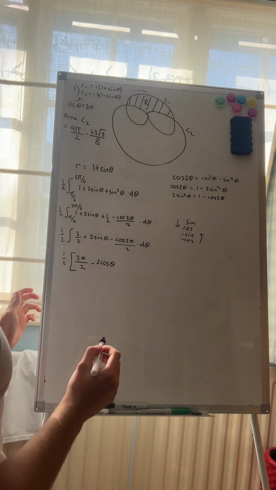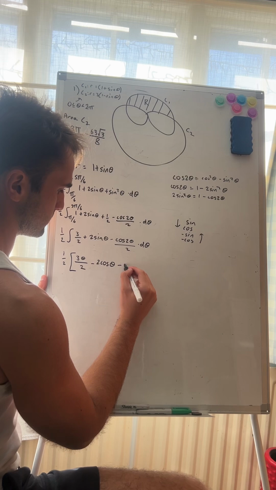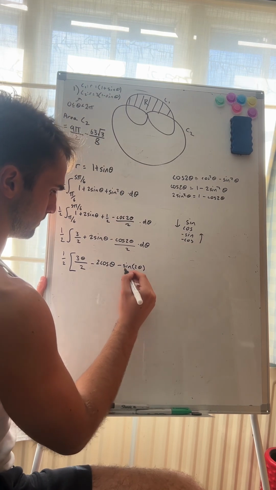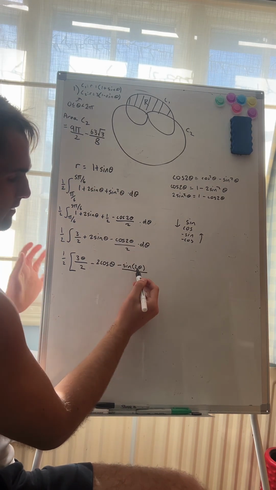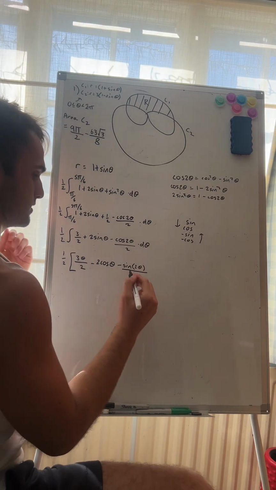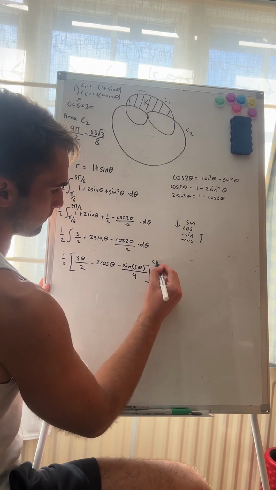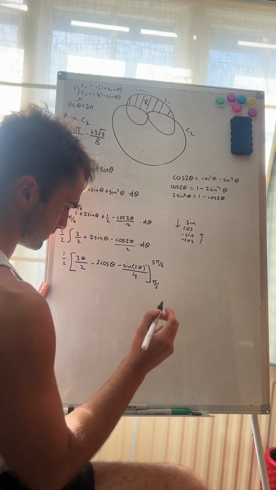Cos 2 theta into minus goes up to minus sine, so that's minus sine of 2 theta, and then this is divided by the differential of the brackets, so that's over 4 now. So here is what we're working with, 5 pi over 6 and pi over 6.